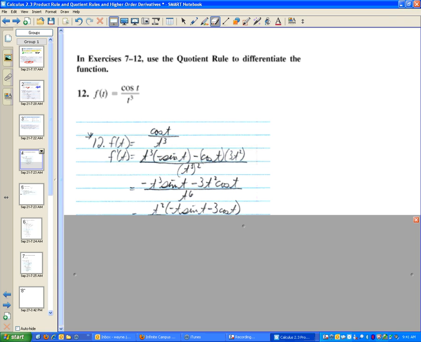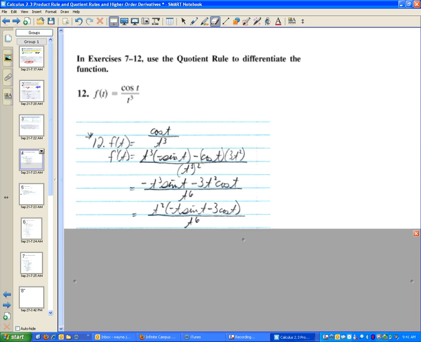And when I divide out a t squared, negative t cubed sine of t divided by t squared gives me negative t sine of t. And then negative 3t squared cosine of t divided by t squared gives me negative 3 cosine of t. T to the 6th in the bottom. Should we?